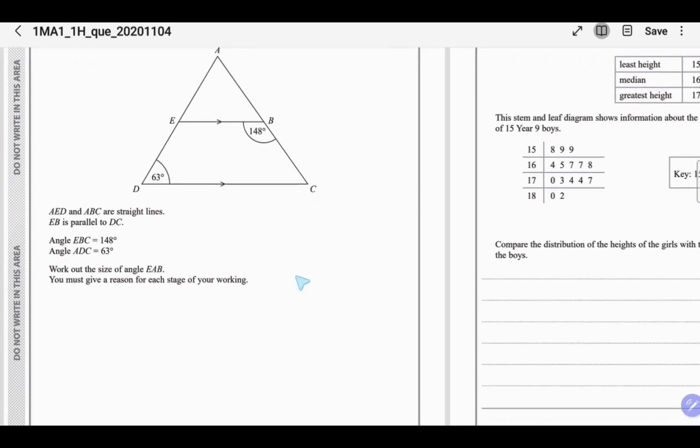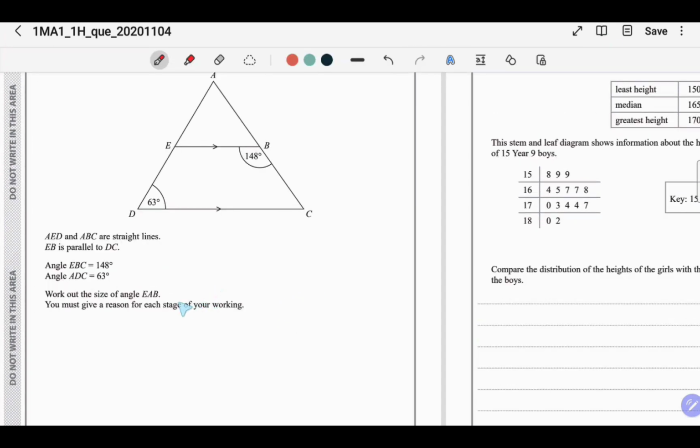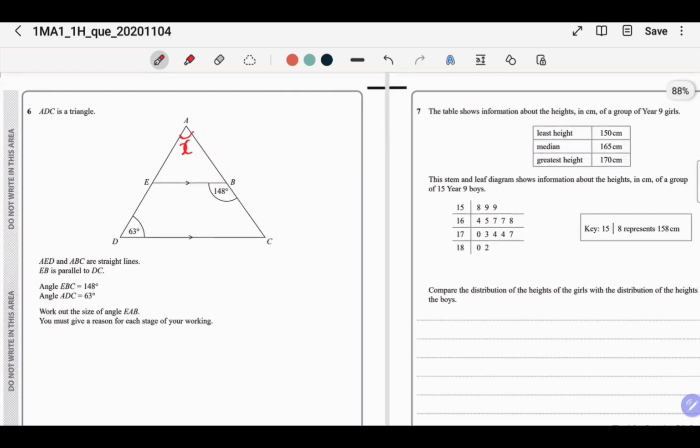Okay, so they want us to work out angle EAB. This right here, we're just going to call X. We can start off by working out this angle over here, so that we can consider this as a smaller triangle.